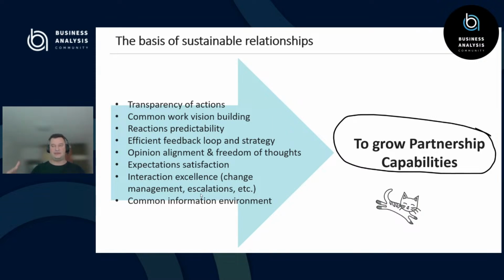Common channels of communication, common schedules, etc. Why? Because we need to think together. We need to know what is going on right now from both sides, to be effective, to be proactive, and to have the results that we want.